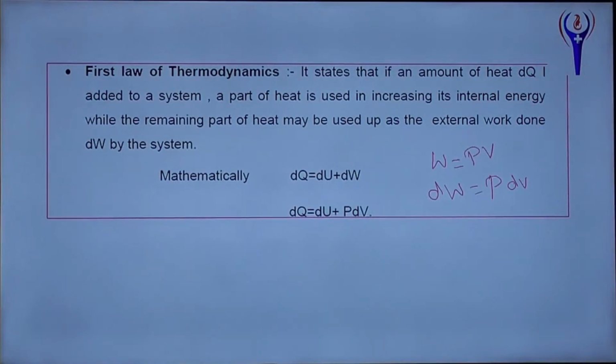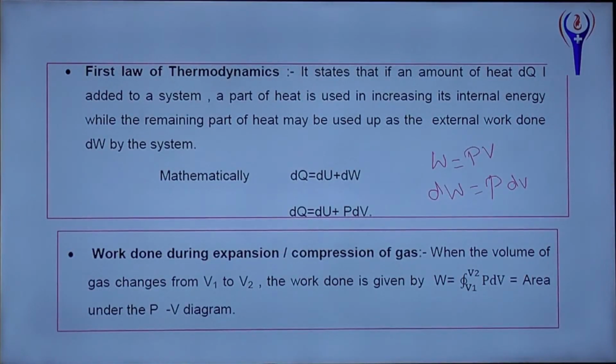So dq equals du plus p dv. Here dq is the heat energy supplied to the system, dW or p dv is the work done by the system, and du is the change in internal energy of the system. Internal energy changing means the temperature will be increasing.